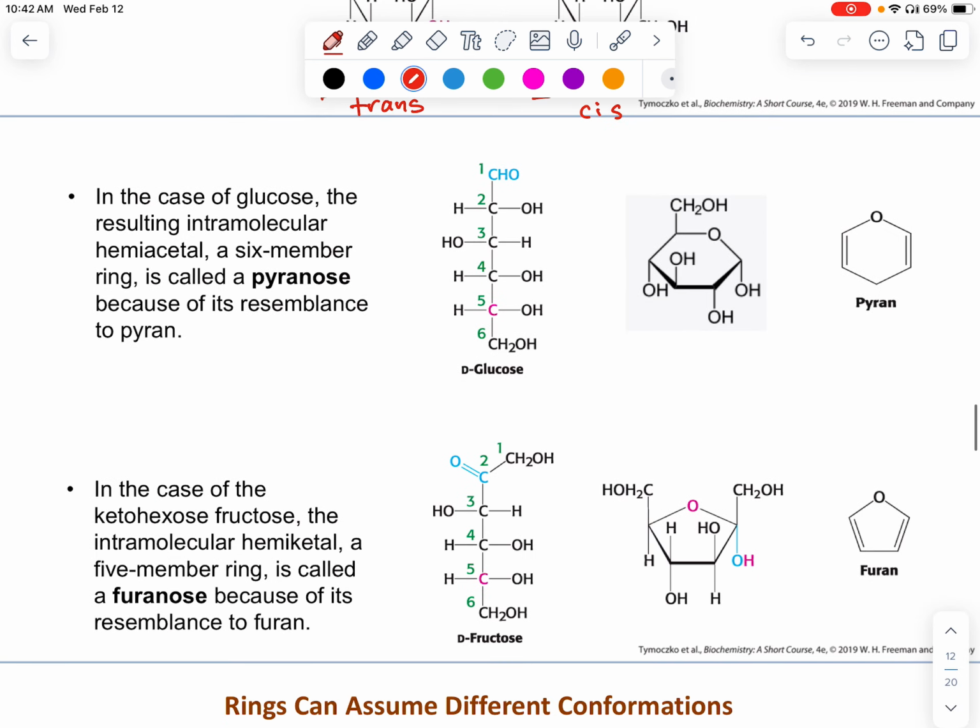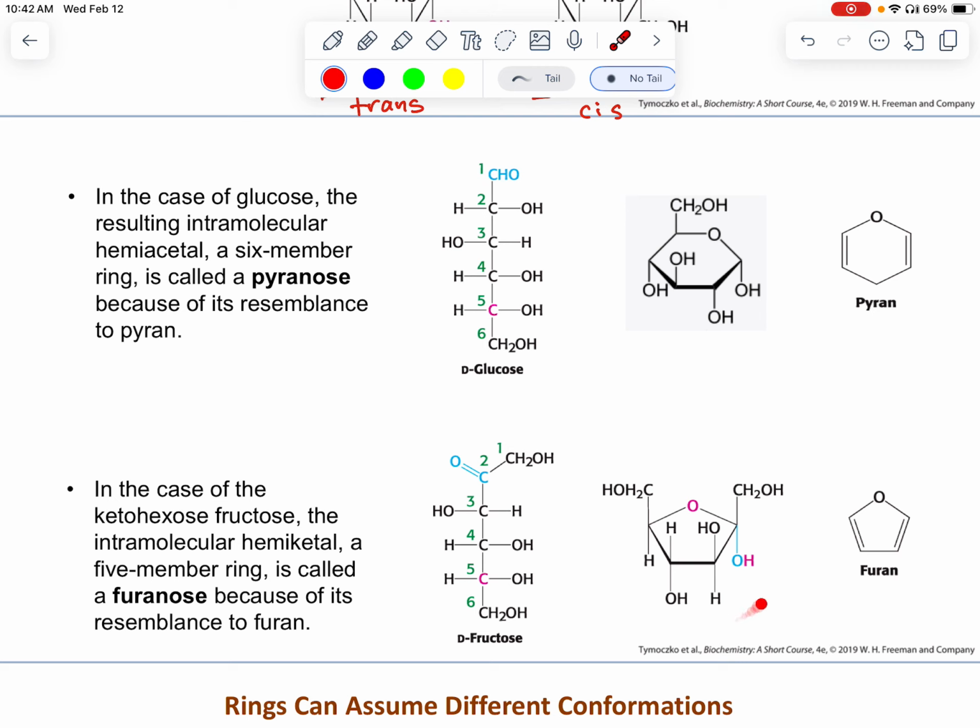All right, one more piece of terminology. Same type of pictures here. We've got glucose, with our cyclic structure. The thing I want to point out is these are sometimes called pyranose because of their resemblance to this molecule.